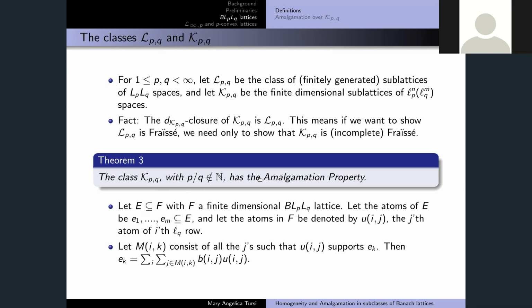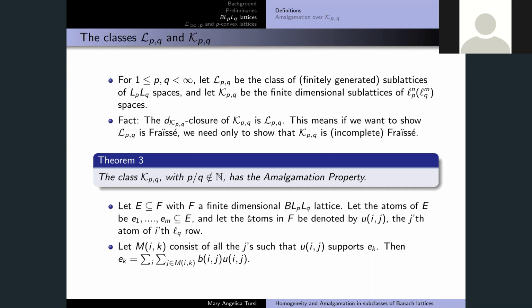I don't know how much time I have, but I'll go pretty quickly in this. So basically we start off with some E, which is a subset of F, a finite dimensional BL_p-L_q lattice.